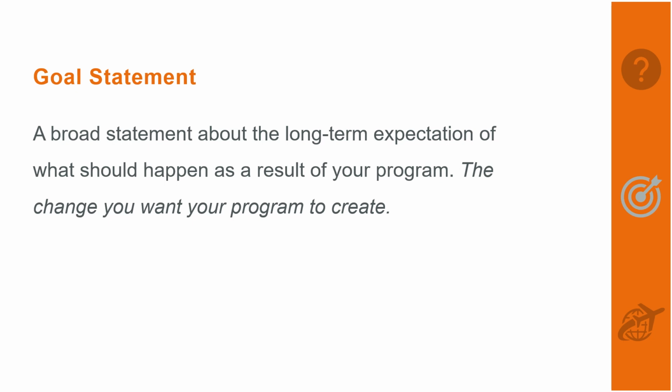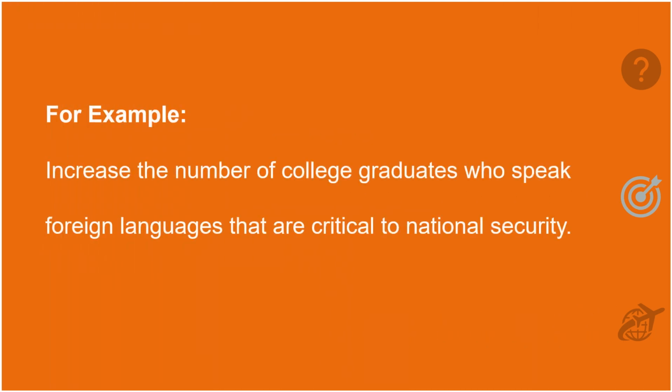As a bureau, we have goals outlined in our functional bureau strategy that our programs cumulatively are contributing to. Those sit above our program goal that we outline in our theory of change. For example, we might want to increase the number of college graduates who speak foreign languages critical to national security.